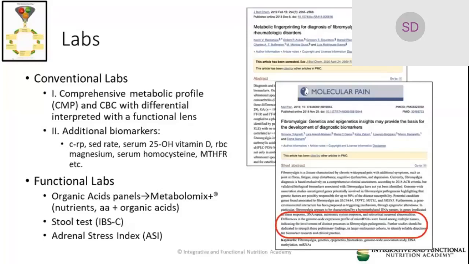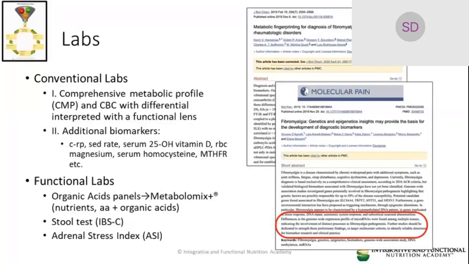Now, the labs that get ordered, again, as we mentioned with dietary supplements, are going to have to be prioritized. Some of these are going to be covered under insurance and some of them maybe not. So we do need to take into account fiscal responsibility, and ultimately that typically comes down to the patient, right? There are many lab companies to choose from, but again, you want to prioritize.